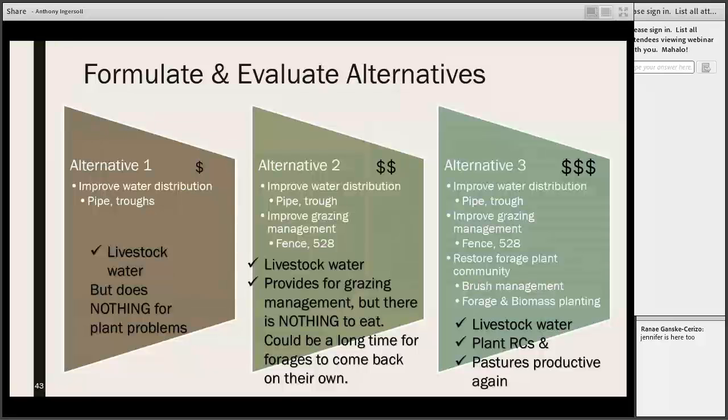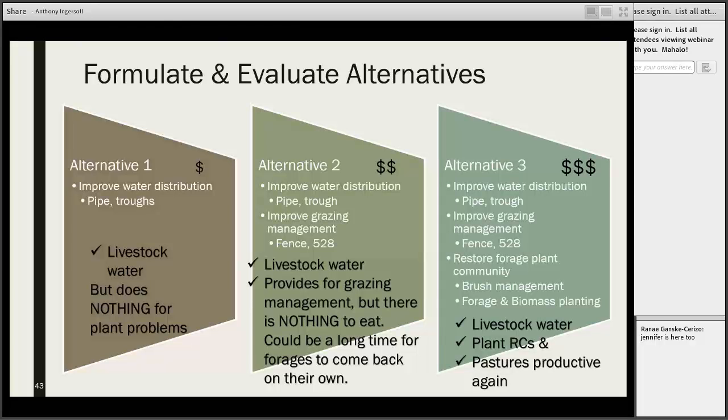So we can start to explore what are some different options that we could do. He's always got options, and just like the first one, he could address just the water distribution so he could use the pastures he has out there. It would provide water out there, but the plant community is so far gone, it would really do nothing for the plant problems.